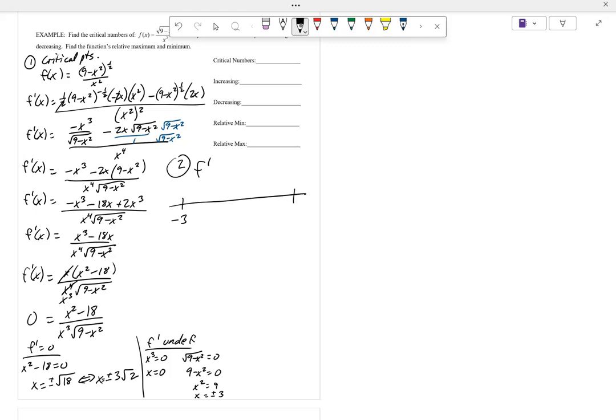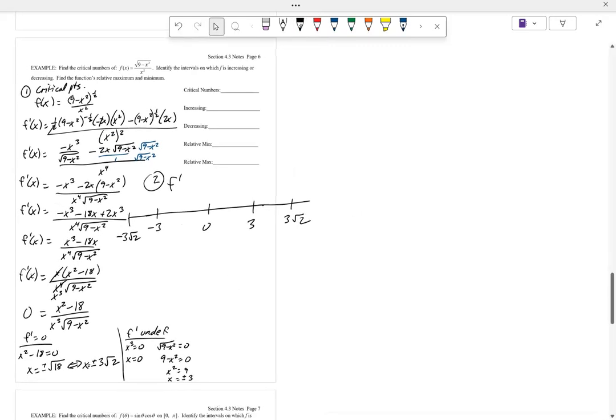Now, before I jump to any conclusions, 0, and then we have 3 root 2, negative 3 root 2. Okay. Now, to be a critical point, though, it must be defined in the original function. It must be defined in the original function.